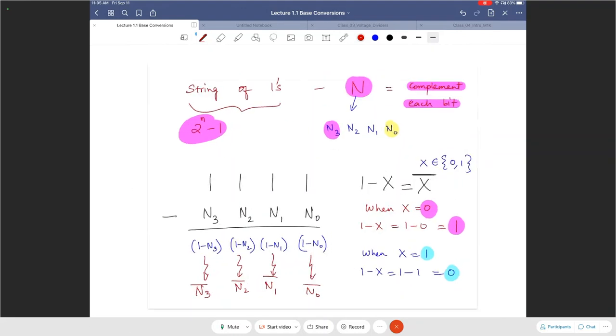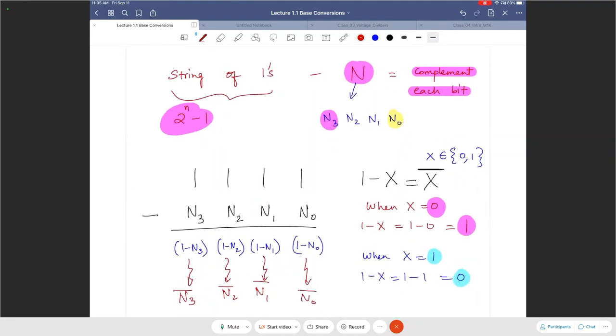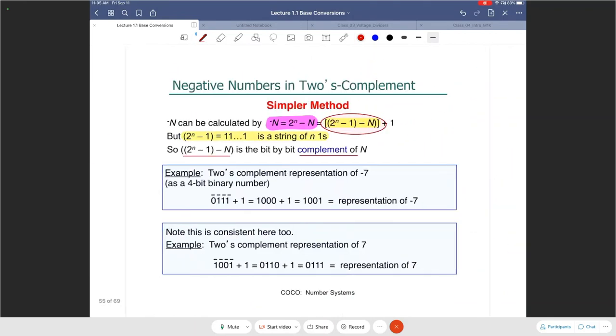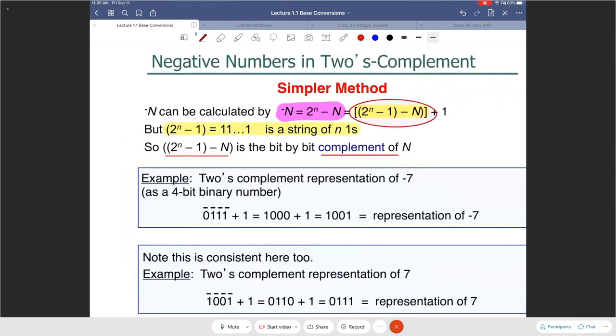That was the first step in 2's complement representation: do a bit by bit complement. That's how it comes from. That's how we are relating the definition to the shortcut. Let's go back. So we have proved this statement: 2 raised to small n minus 1, that is a string of ones, minus n will be a bit by bit complement of n.